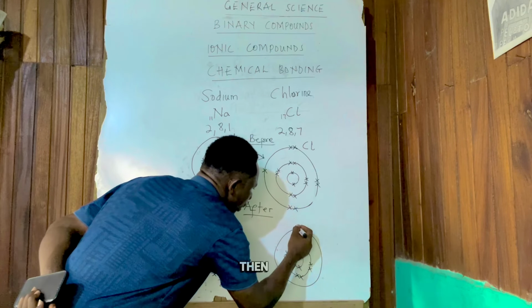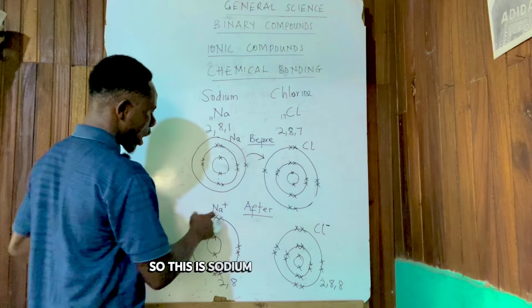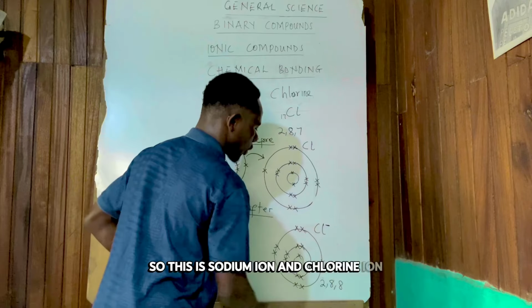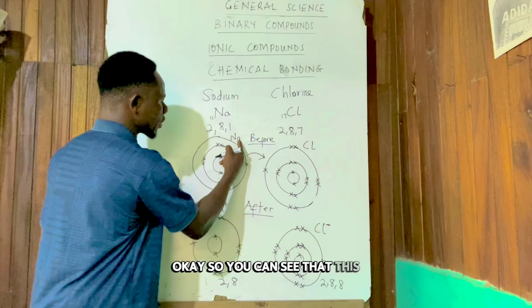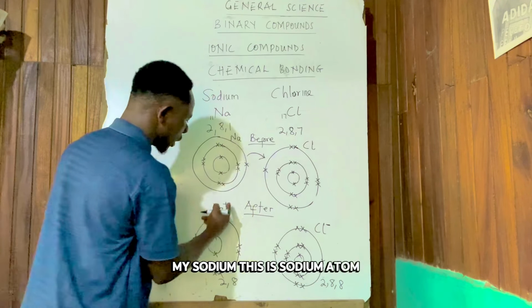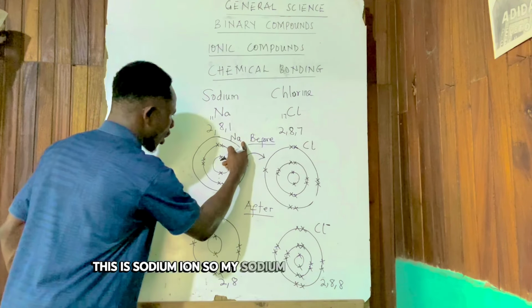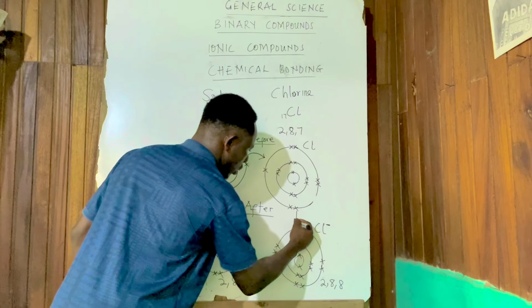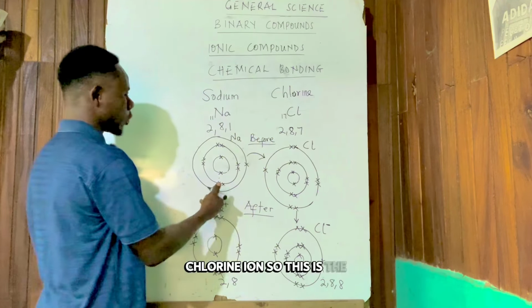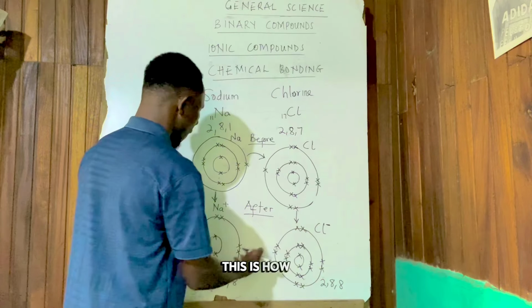So this is the sodium ion and the chlorine ion. You can see this is the sodium atom, and this is the sodium ion. My sodium atom became a sodium ion, and my chlorine atom became a chlorine ion. So this is how our ionic bonds or ionic compounds are formed.